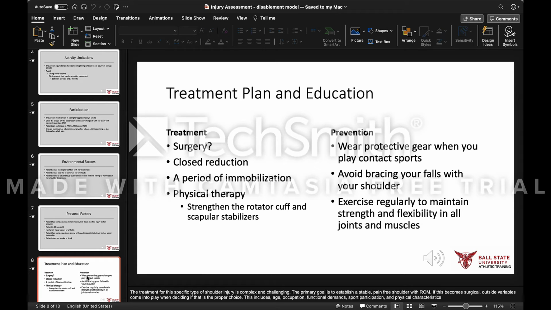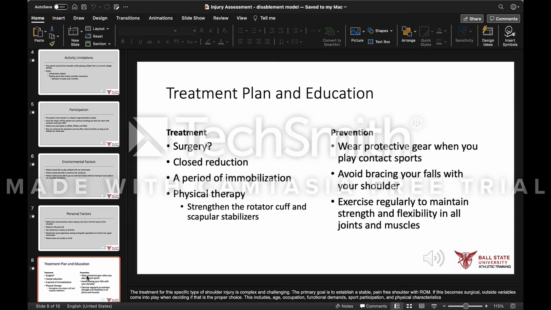This can include, but is not limited to, age, occupation, functional demands, whether the patient participates in sports or not, and the physical characteristics. This is a closed reduction case, so there is a period of immobilization and then physical therapy to strengthen the rotator cuff and those scapular stabilizers.